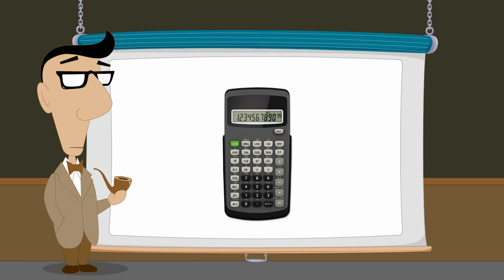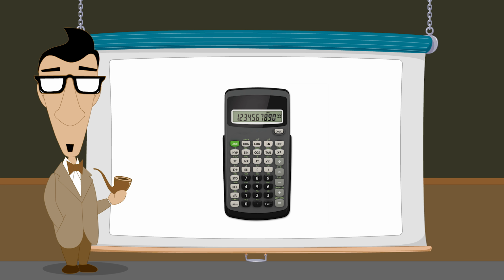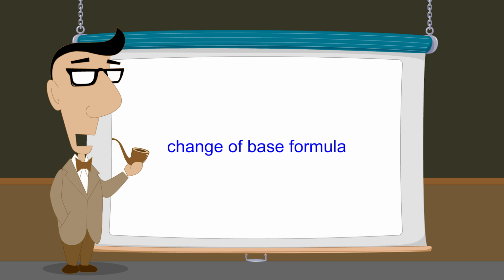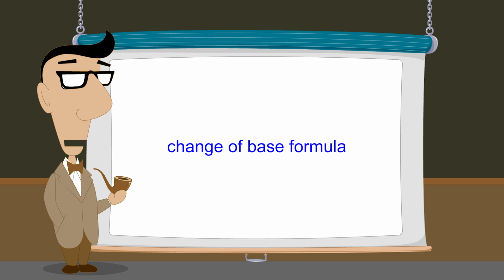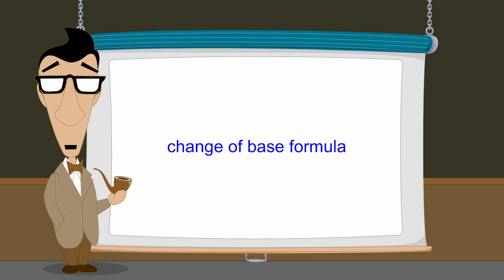However, we may want to find the log of that number with a base other than 10 or e. In that case, we can use what is called the change of base formula, which can calculate the log of a number for any arbitrary base. In this lecture, we will see how to use this formula to convert the base of any logarithm to any other base.